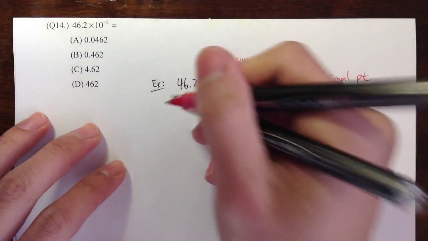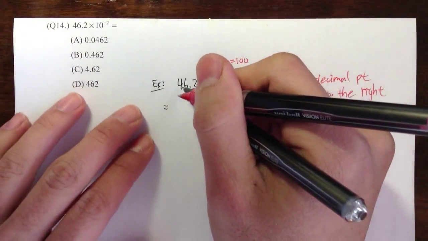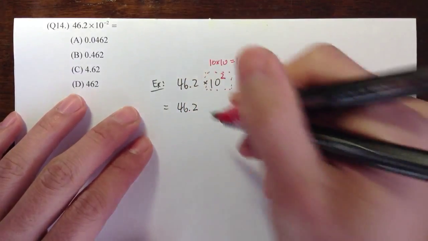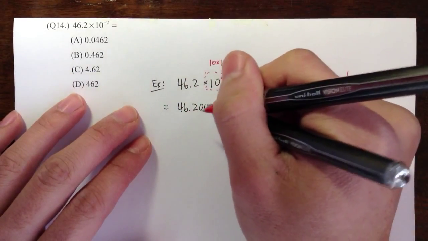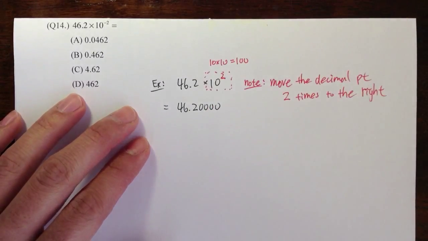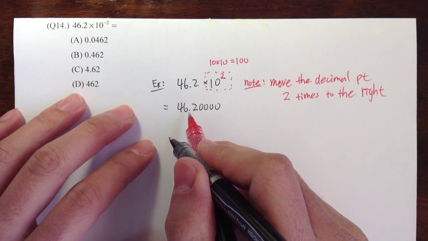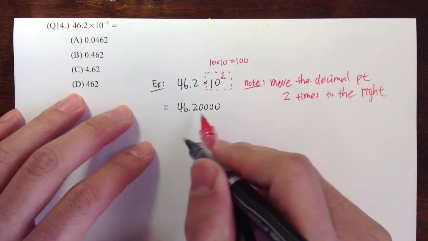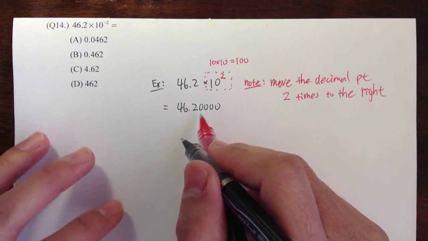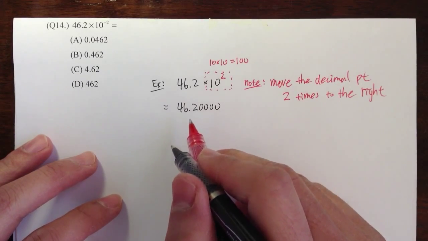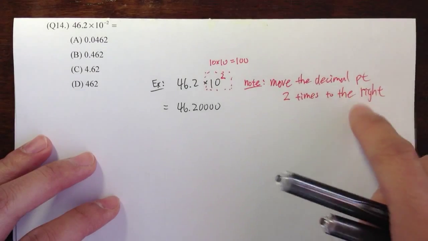So let me write down 46.2, but I want to add some zeros behind the 2 first. And notice that originally I have a decimal point right here, so I can put as many zeros as I want as long as they are after the decimal point. Now let's just do the work.